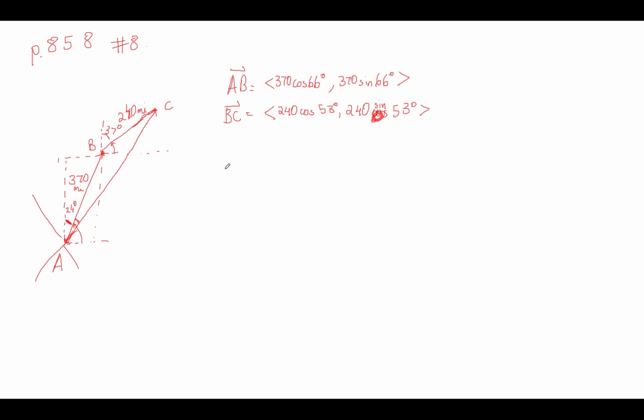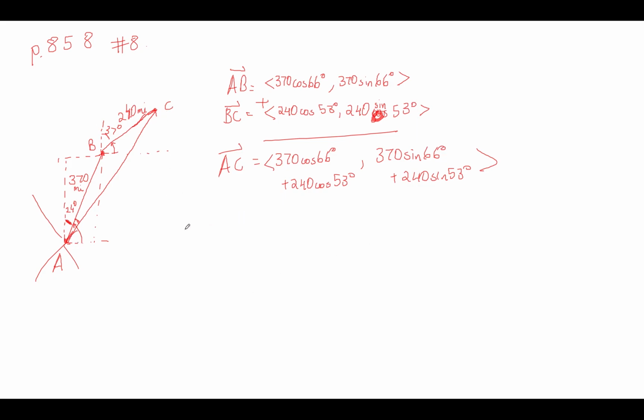Now if I want to figure out AC, the vector for that is just adding these two up. So my vector is 370 cosine 66 plus 240 cosine 53 degrees, comma, 370 sine 66 degrees plus 240 sine 53 degrees.